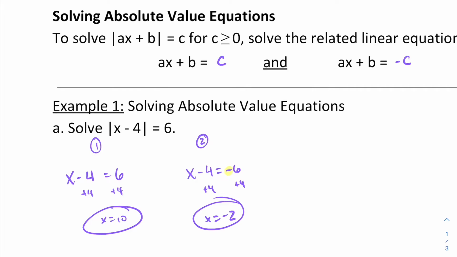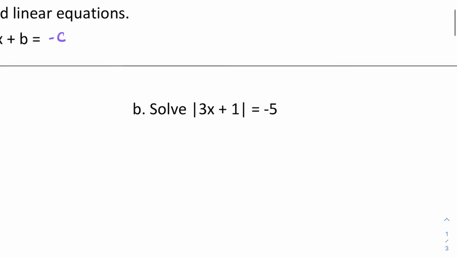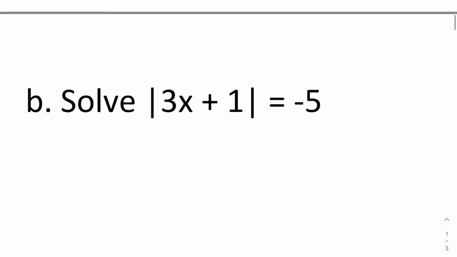All right, let's do another example here. I have the absolute value of 3x plus 1 is equal to negative 5. So you see how you have an absolute value equal a negative number. So let's back up a little bit. What do we know about absolute values? Well, can an absolute value ever be negative? No, right?